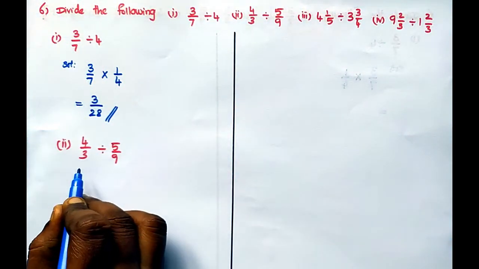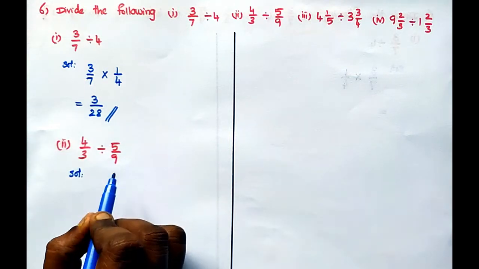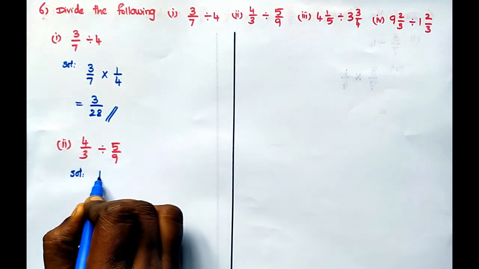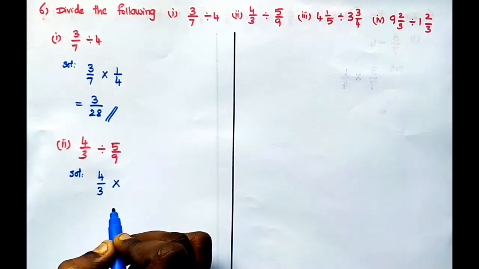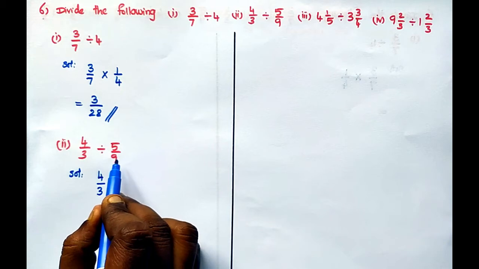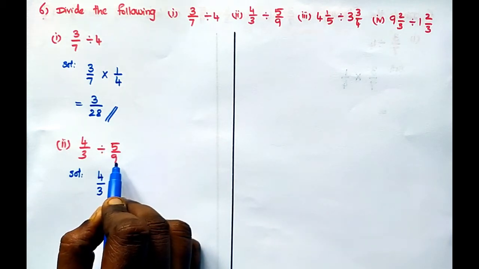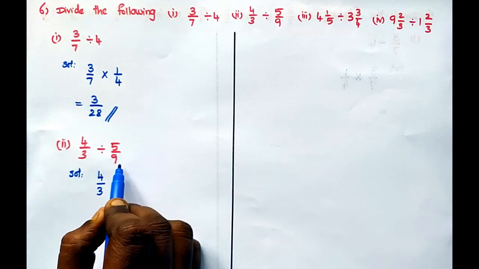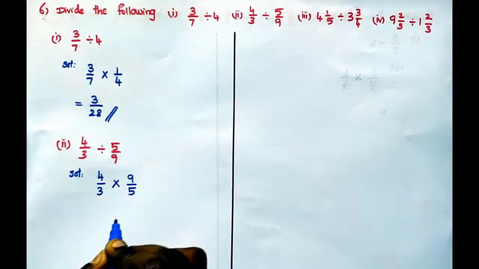Second subdivision, 4 by 3 divided by 5 by 9. Listen, 4 by 3 write down as it is and put multiplication symbol. What's the condition? Take the reciprocal of the second fraction. So 5 by 9 means reciprocal 9 by 5.